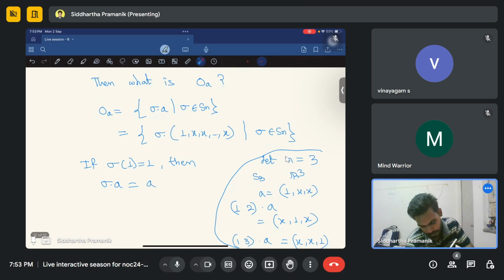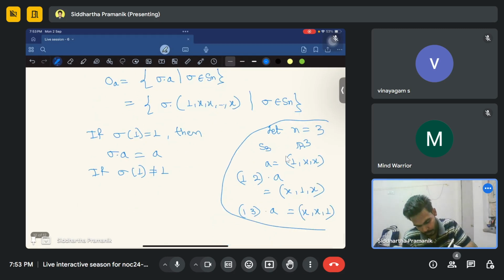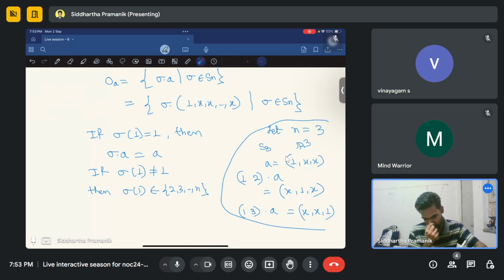So the question is, what happens if sigma of 1 is not equal to 1? Then sigma of 1 belongs to the set 2, 3 up to n. So the first coordinate can map to any of the coordinates 1, 2 up to n. So in all those cases, we have 1 in that coordinate.